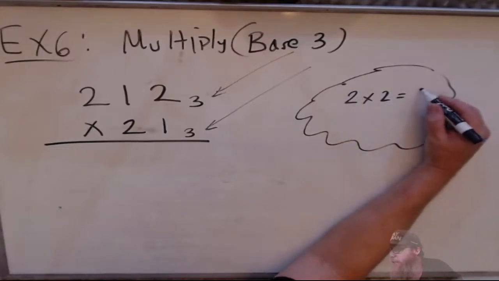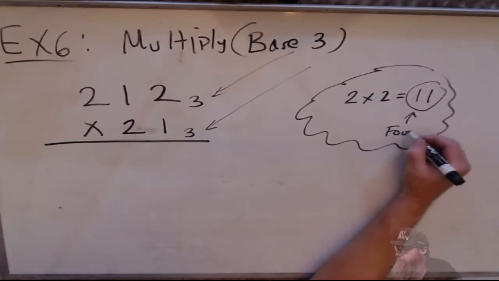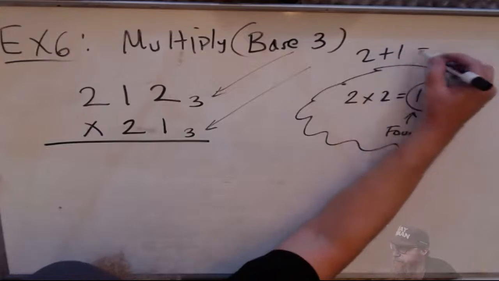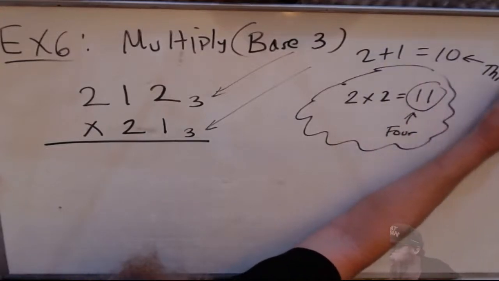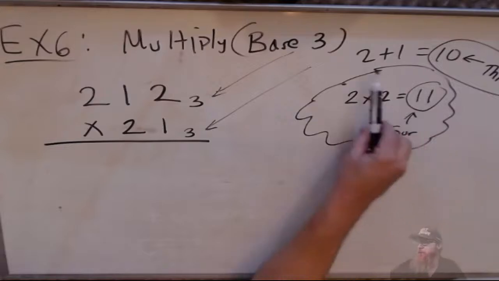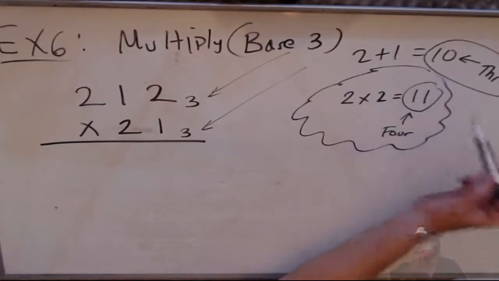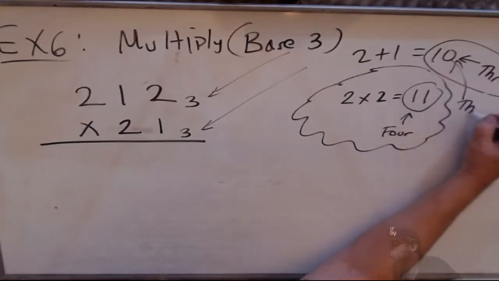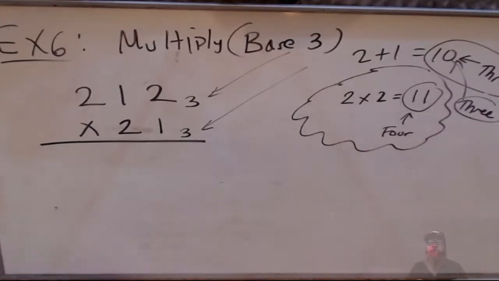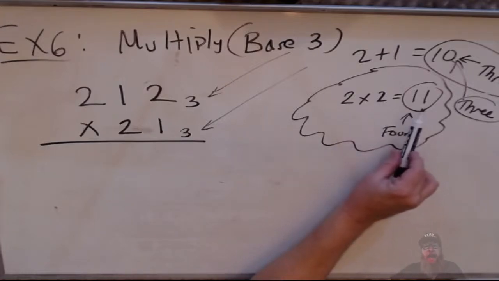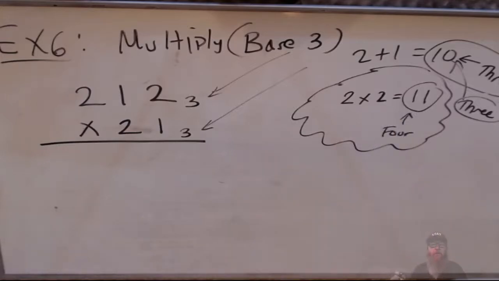But what does 4 look like? 4 looks like an 11. Remember, because 3 looks like a 10. So keep these in mind. When you add 2 plus 1, you're going to get 3, but it looks like a 10. And when you multiply 2 times 2, you're going to get something that looks like 11, but actually means 4.